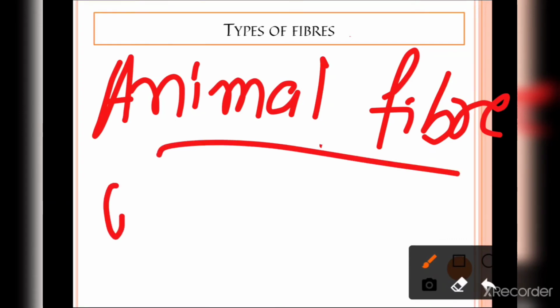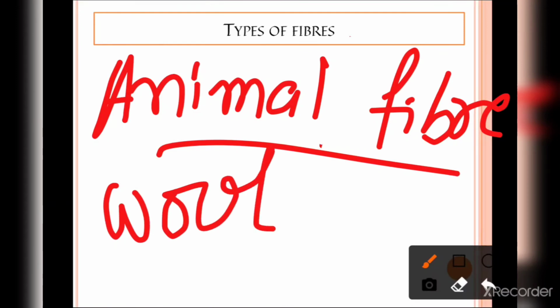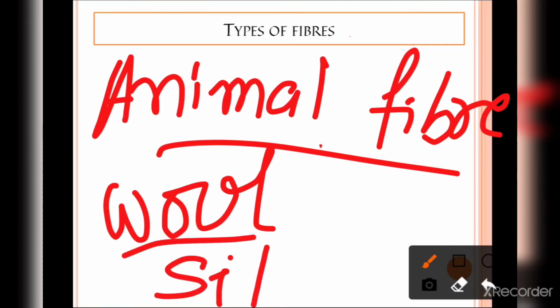In the winter season we wear sweaters, jackets, shawls, scarves which are made of wool. It is obtained from goat, sheep, yak, camel, rabbit, etc. So this one is considered animal fiber. Second one is silk. Silk is obtained from an insect named the silkworm. So from the silkworm we get silk, hence it is called animal fiber.